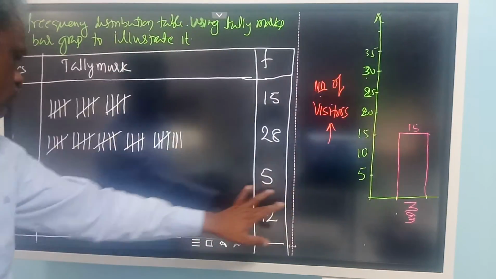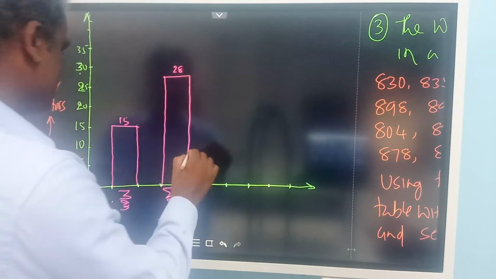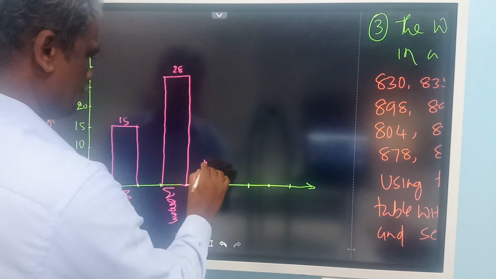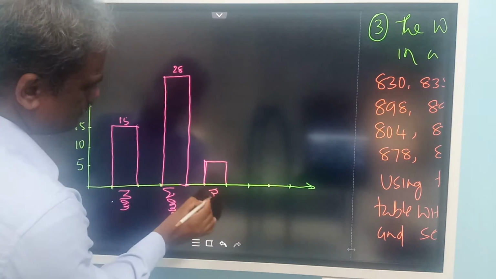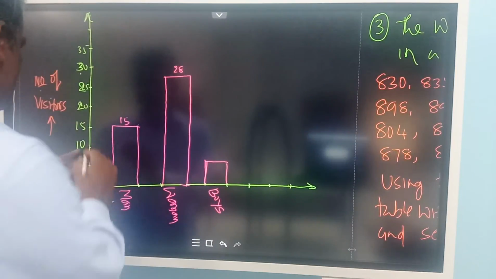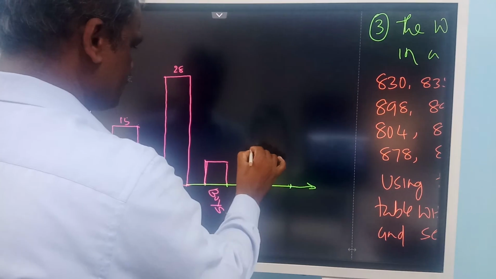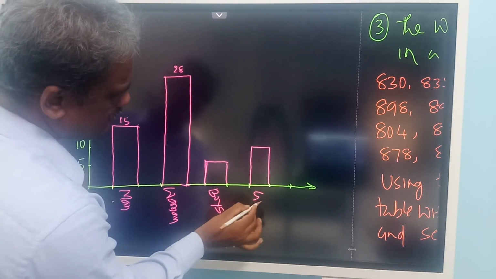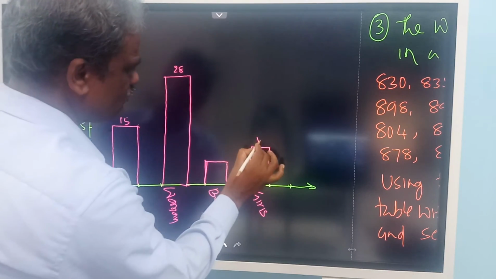Then boys, only 5. This represents the boys. The last one, girls, 12, just about 10. This represents girls. This is 12.